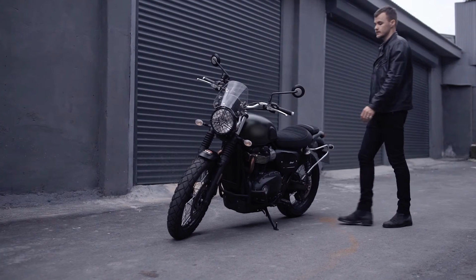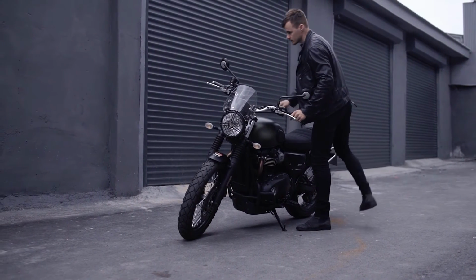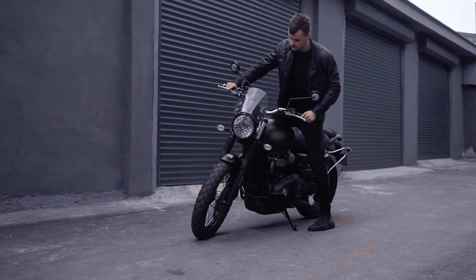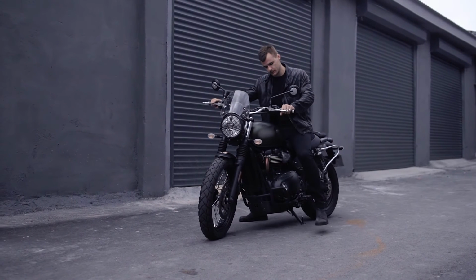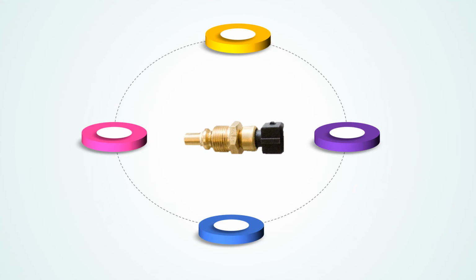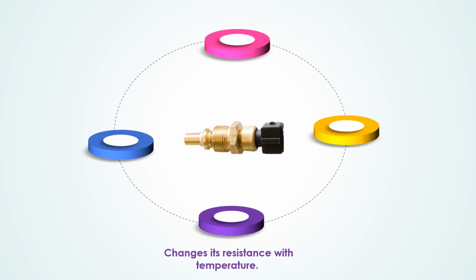The last component is the engine temperature sensor, which accurately measures the engine coolant temperature. The engine temperature sensor changes its resistance with the temperature. Many critical engine functions such as selection of air-fuel ratio, fuel injection timing, and ignition time depend on the engine's temperature.